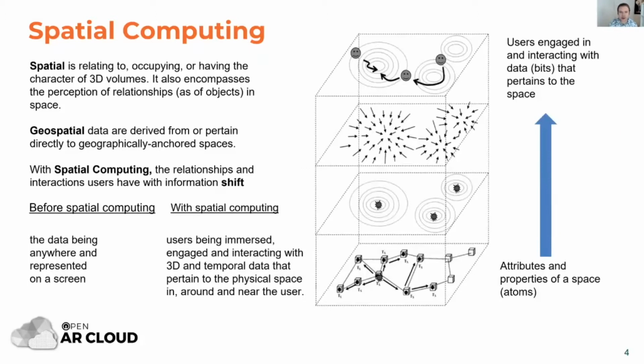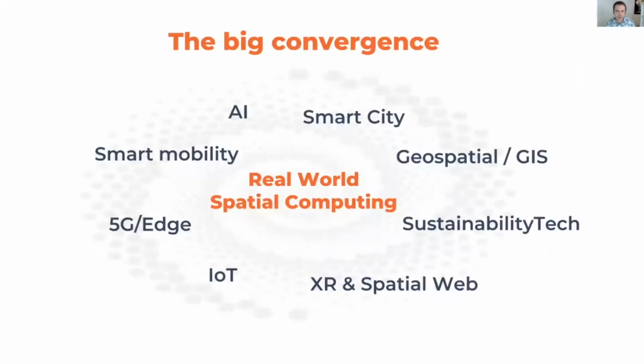You can imagine that there are atoms, and you describe those atoms, and you can represent objects, and then you could represent relationships between the objects, and ultimately our relationships with the objects in the real world, both digital and physical. So this is the transition.